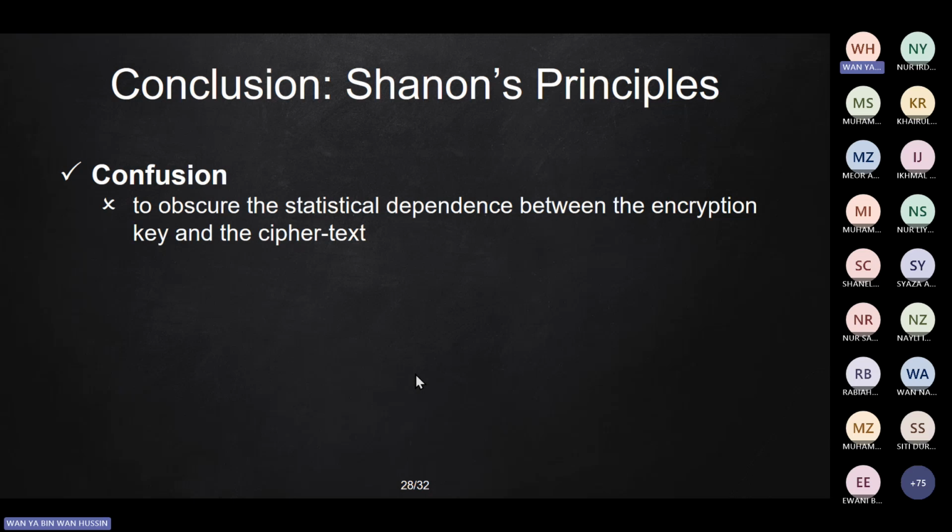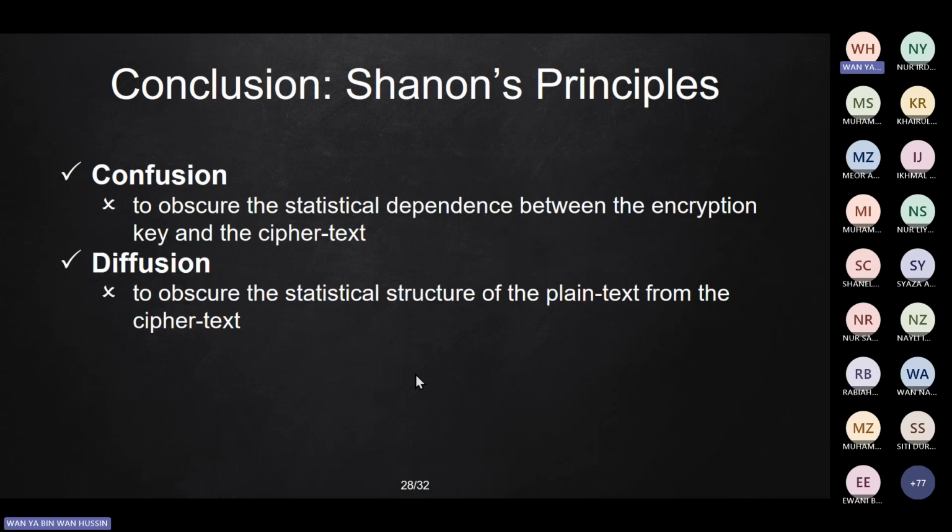So now if we change the key by one character, it can influence a lot in the ciphertext.